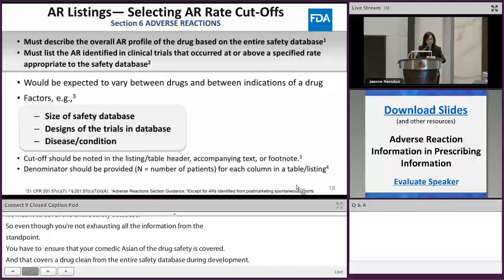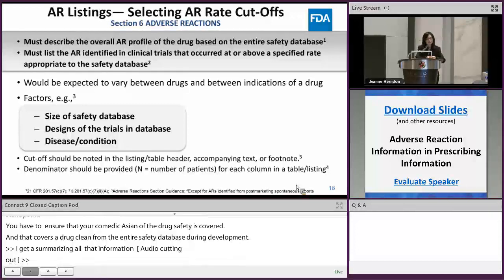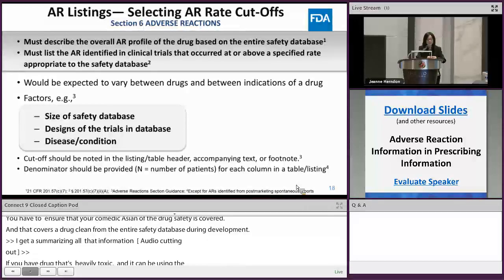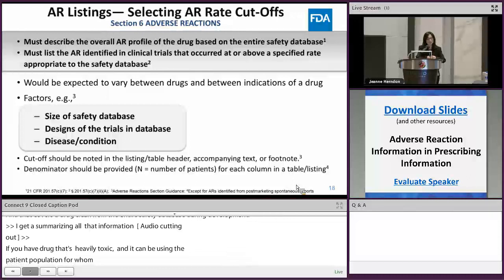Of course, if you have a drug that's cytotoxic or heavily toxic, and it's going to be used in a patient population for whom they have a serious or life-threatening disease, you would expect that you would have a higher threshold of safety of adverse reactions in order to treat their disease. And conversely, if you have a condition that's not serious or life-threatening, maybe your threshold for safety events, or for toxicity really, is a lot lower.